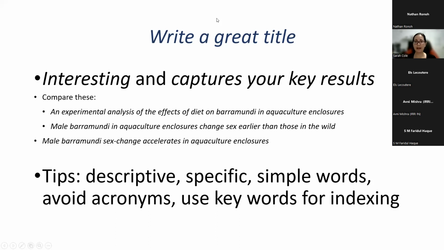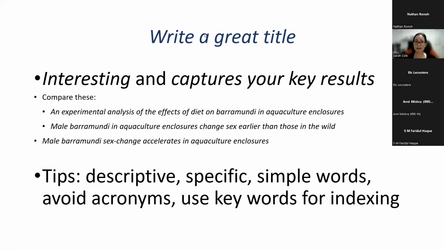So that is an example of something that you could consider in your title, particularly saying what your key results are. There is sometimes room in a journal to have a little bit of interesting playing around with the title, and it obviously depends on your own personal comfort level as well, we would say.